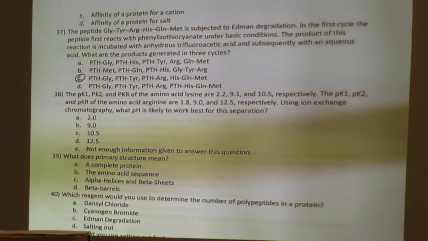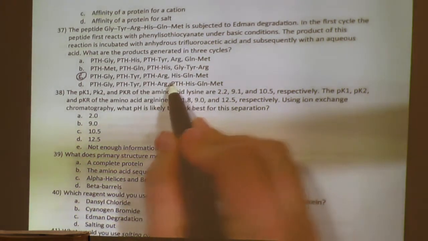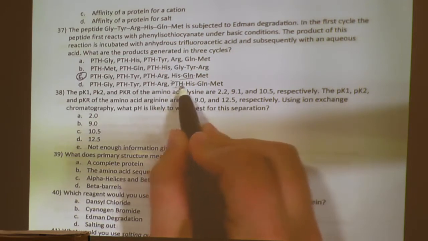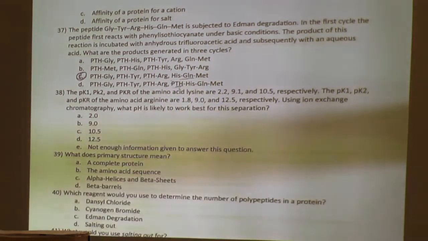Because after you go through one full cycle of Edman degradation, it attaches a PTH to the amino acid it cleaved. But it would not attach it to something like this, which is the only thing wrong with D, is that it attached PTH to this part.